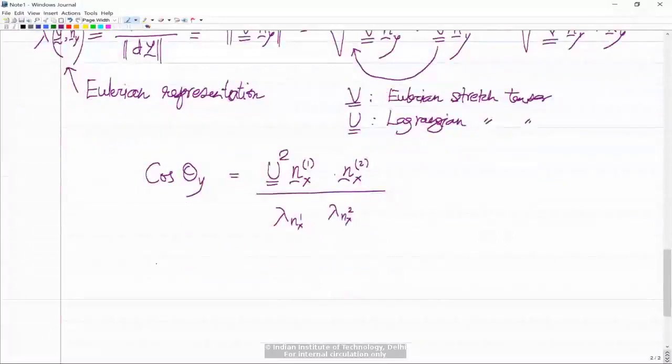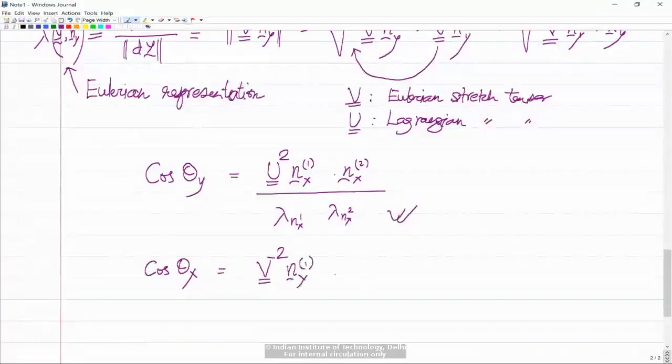You can likewise think of an inverse map. So you can derive that very easily. Just like we did this, we can also derive the other one. And it turns out cos theta x, for example, would be V inverse square, okay, into ny1 dotted with ny2, all right, and divided by this lambda inverse of ny1 into lambda inverse of ny2.